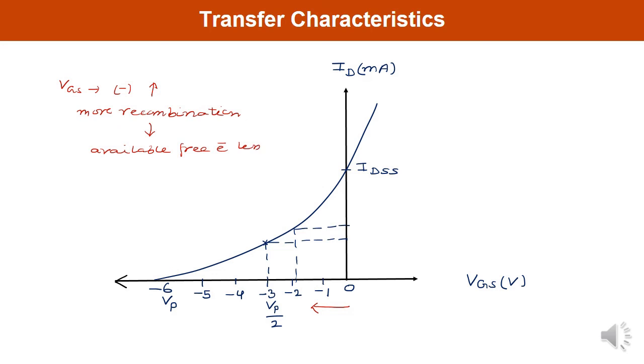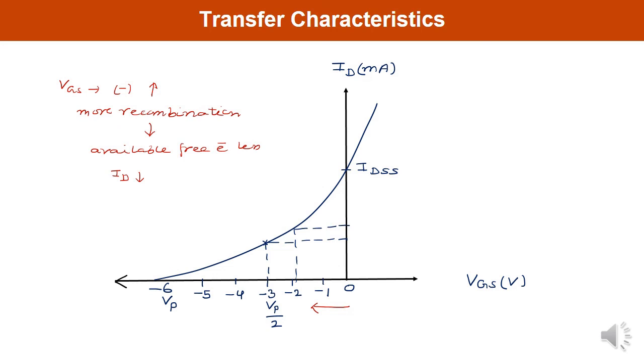And now what will happen? In this particular case, drain current will decrease. So this is how you can explain its working. As you are moving from right to left, drain current decreases and approaches VP. VP is nothing but the pinch off voltage.